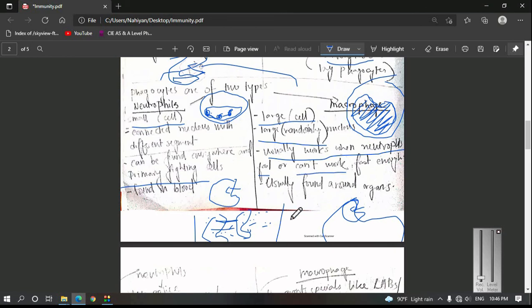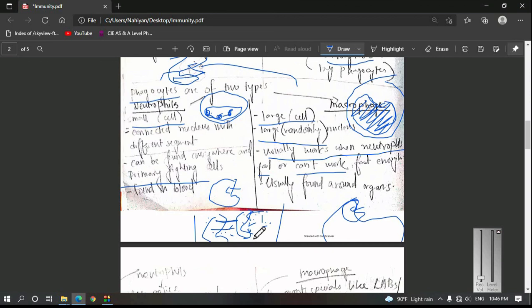For instance, they are failing, and the pathogens are actually winning. They're attacking more and dividing more, and the neutrophils, a type of phagocyte, are failing and not efficient anymore. So macrophages come into play at that time.